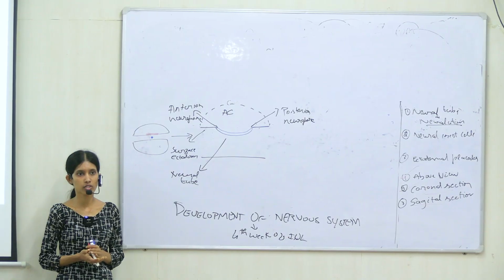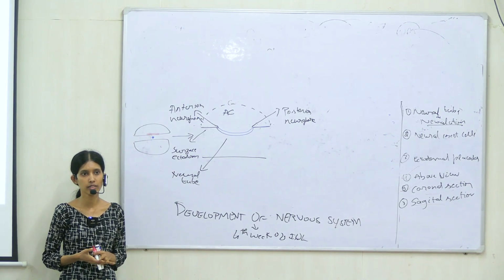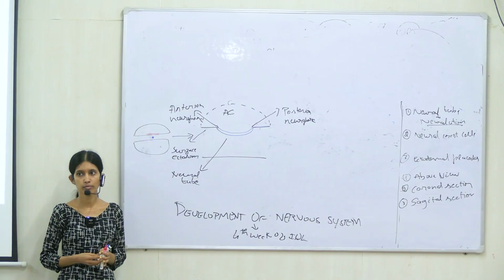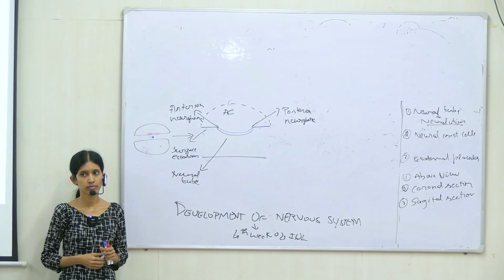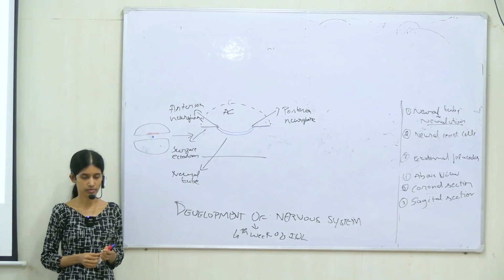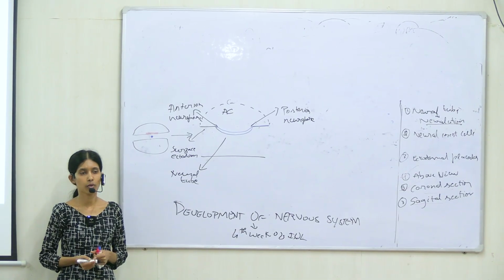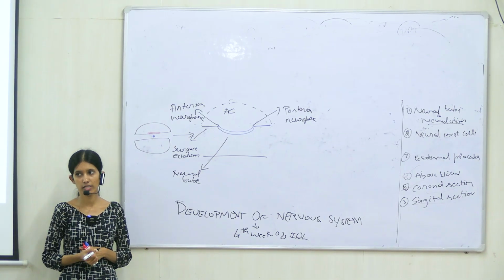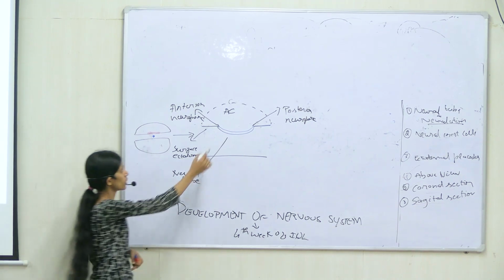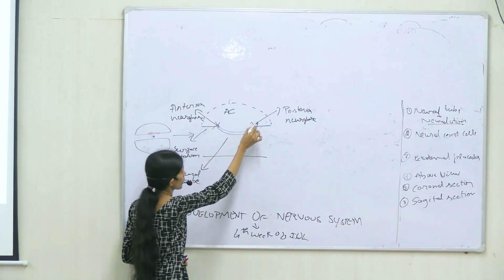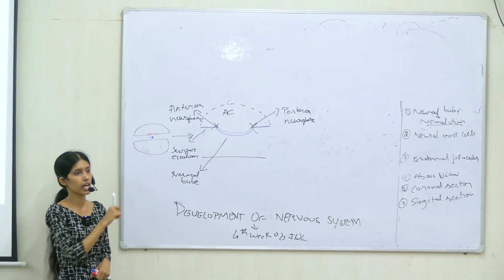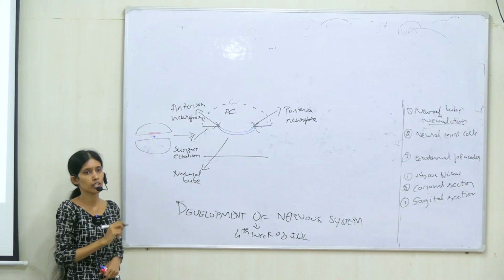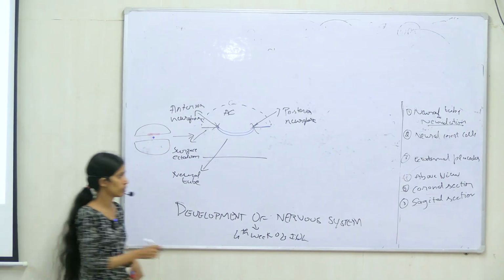Remember the aortic arches development, when will it end, when will it start? Okay, once the development of your blood vessels takes place, your neural tube will not have contact with your amniotic cavity anymore. So the anterior neuropore and the posterior neuropore will close.